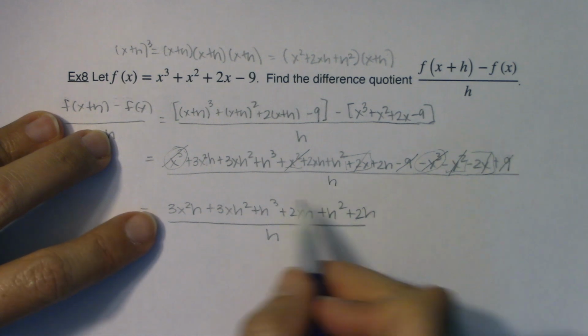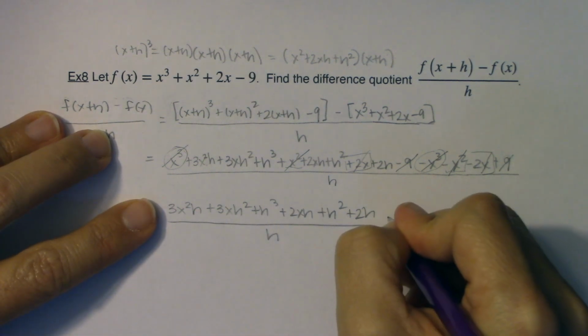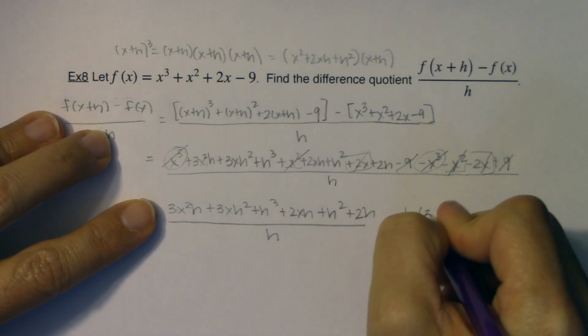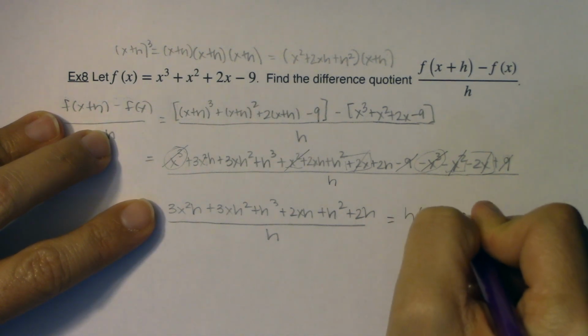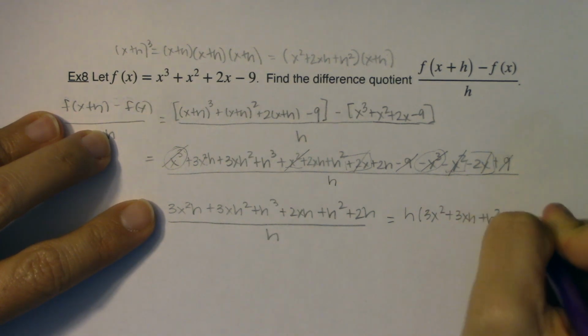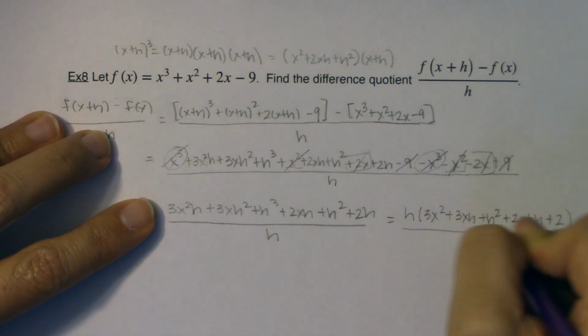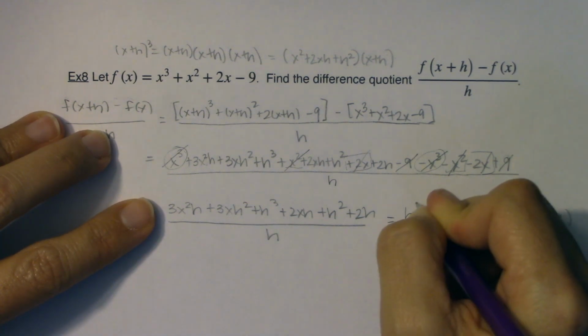A lot of times, and it's going to happen here, every term in this numerator has an h in it. So let me factor that out. I'm going to have h times 3x squared plus 3xh plus h squared plus 2x plus h plus 2, all over h. This is going to cancel.